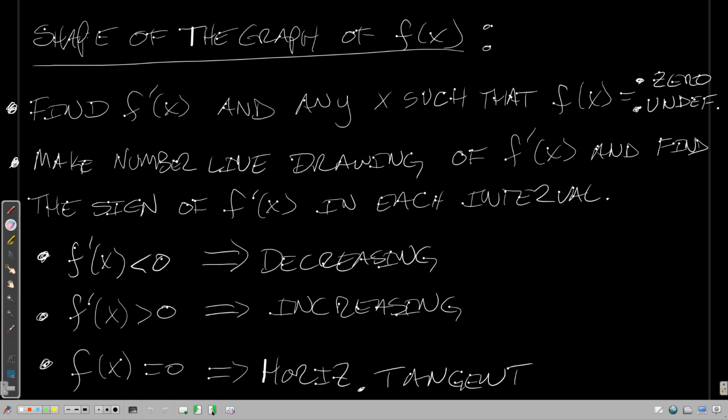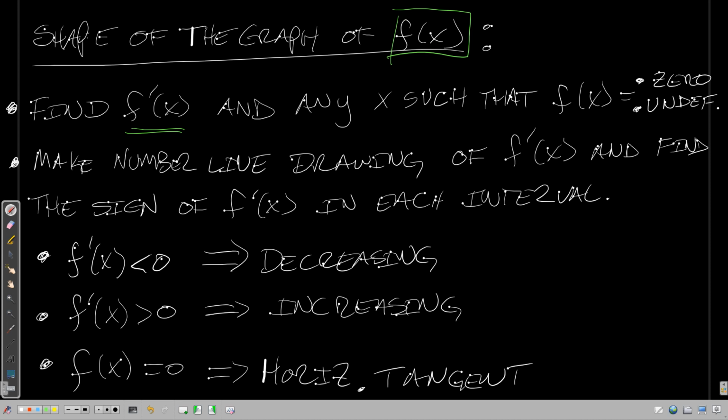If you are asked about the shape of the graph, then you just need to follow some basic steps. This stuff should make pretty good sense to you of why you would do it. So if I want to know about the shape of f, then I'm going to have to talk about f prime.